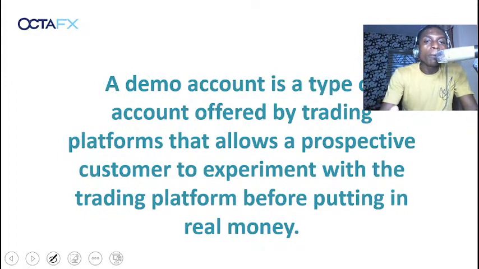So we encourage you to experiment. Download the trading app from OctaFX, and then open a demo account, get started, so that you can put in real money when you have familiarized yourself with the market, right?